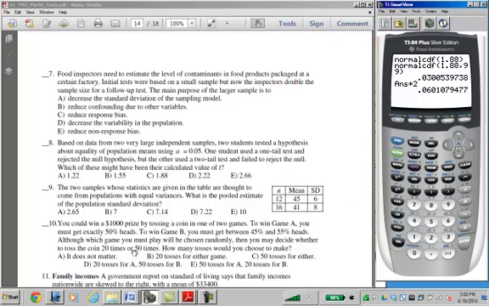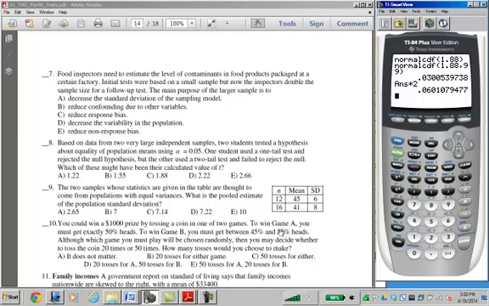it's clear, we've already talked about this, that the bigger the number of throws, in this case 50, the smaller the standard deviation, which means the closer you are going to be to the population mean, which is 0.5.